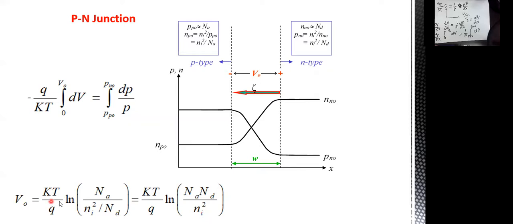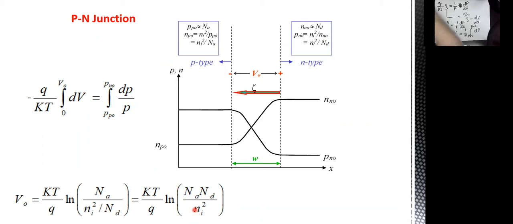So using this relation, you can say that the built-in potential of a semiconductor p-n junction depends on, first, the temperature. Whenever you change the temperature, you should expect the built-in potential to change. Second, the doping, NA and ND. And third is the intrinsic concentration, which is the material parameter.